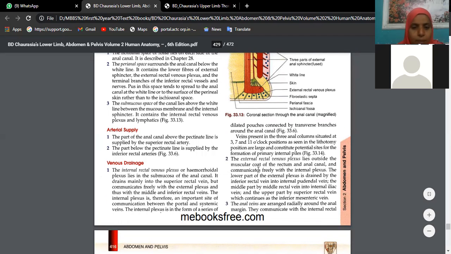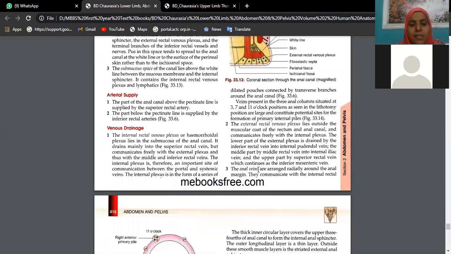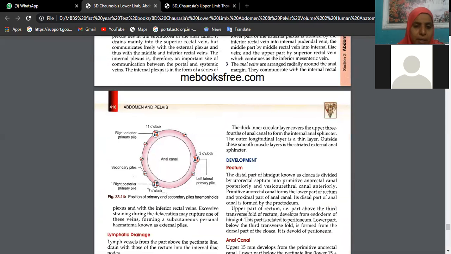These venous plexuses, when you compare with the hour hand of a clock, are more concentrated at the 11 o'clock, 3 o'clock and 7 o'clock positions. The importance of this venous plexus is that whenever there is constipation leading to piles and hemorrhoids, in these areas the blood vessels are ruptured. We generally consider clinically whether it has ruptured at 11 o'clock, 3 o'clock or 7 o'clock.